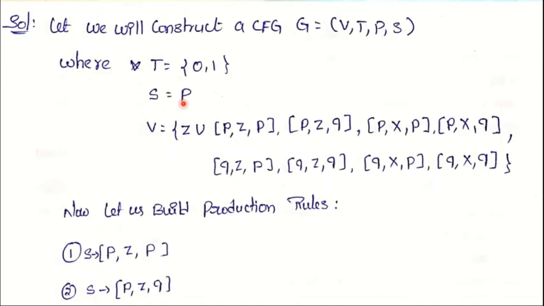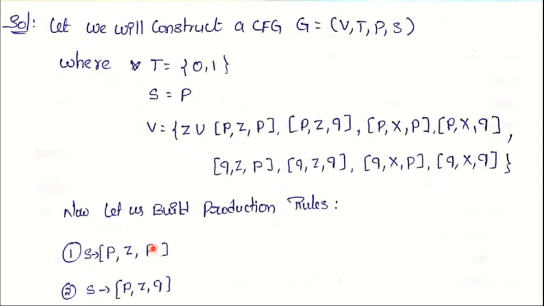Here the starting symbol is P, so we start with P, and the top of the stack, or starting symbol of the stack, is Z, so we consider P comma Z comma, and the possible next state is any one of the given set of states.